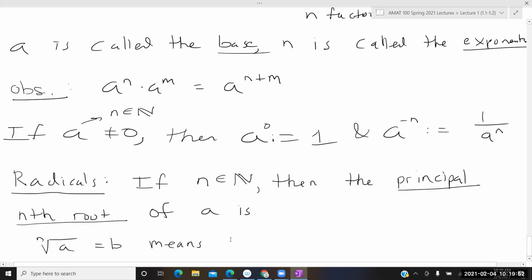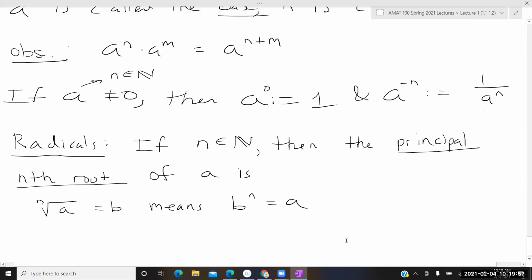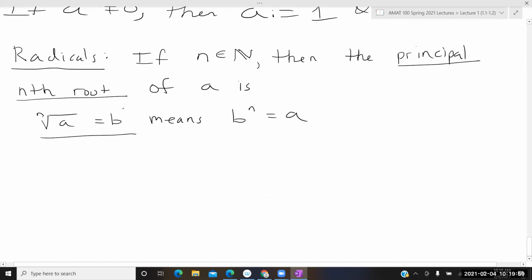And this means b to the n is equal to A. So this doesn't have a meaning until I assign it meaning, and I'm telling you what it means.